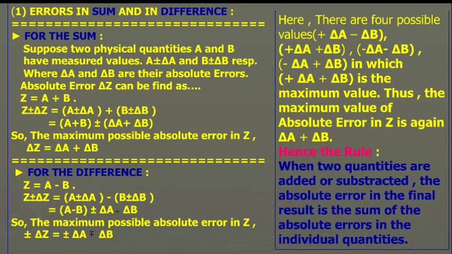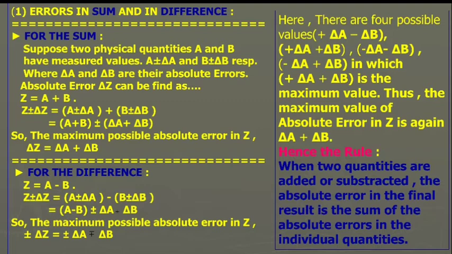So dear students, if there are two quantities, and if those quantities are added and we get a new quantity, then we have an error in the new quantity also. So for the sum, suppose two physical quantities A and B have measured values A plus minus delta A and B plus minus delta B respectively, where delta A and delta B are their absolute errors.